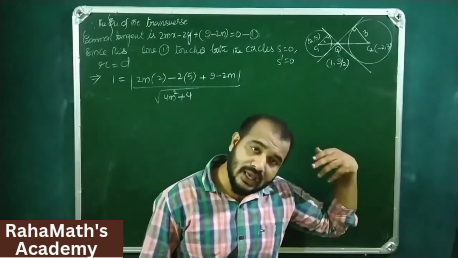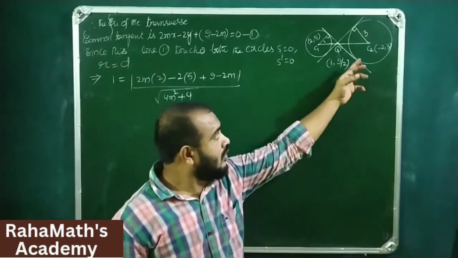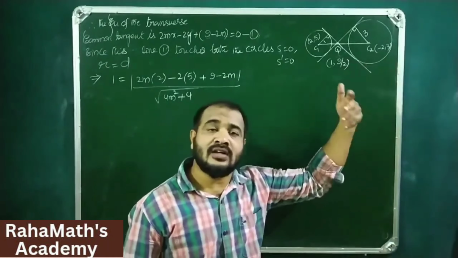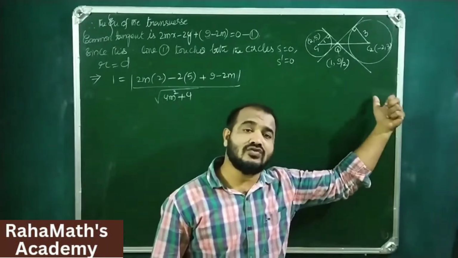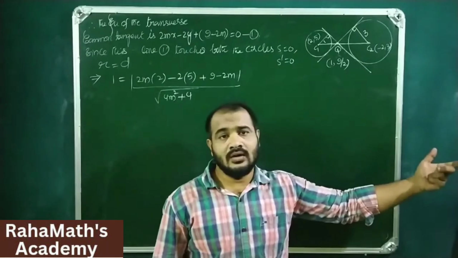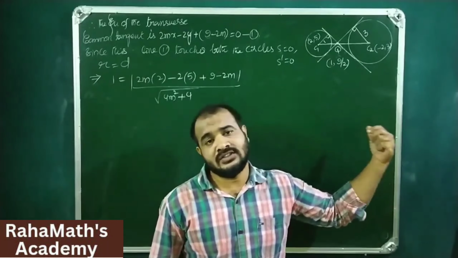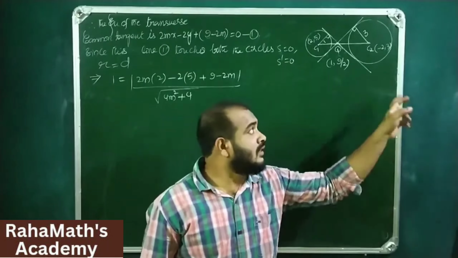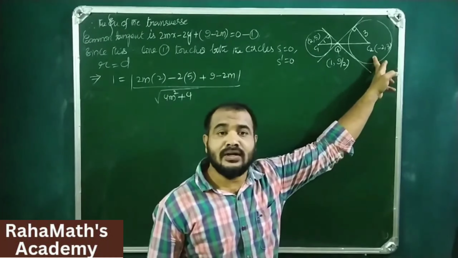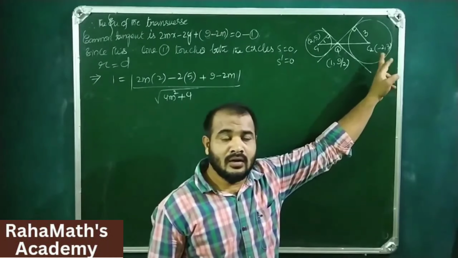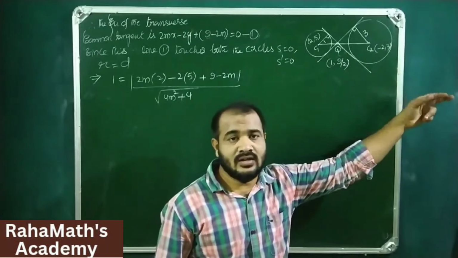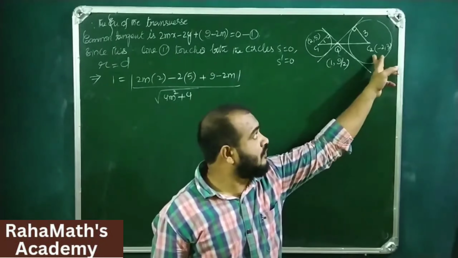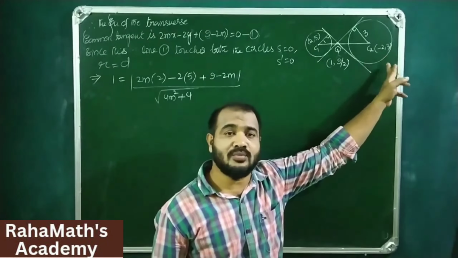Or you may apply the same rule for the second circle as well, because the transverse common tangent also touches the second circle. In that case, the center and radius of the second circle should be taken into account.